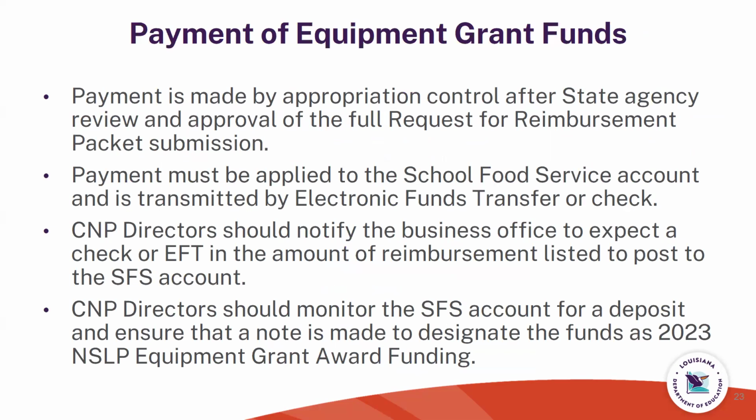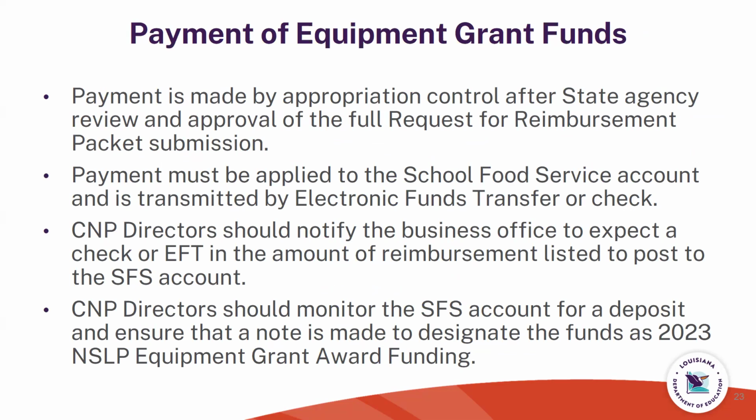Payment is made by appropriation control after we receive the PO and we receive the request for reimbursement. We review it and approve the full request for reimbursement packet submission. Payment must be applied to the school food service account and is transmitted by EFT or check.